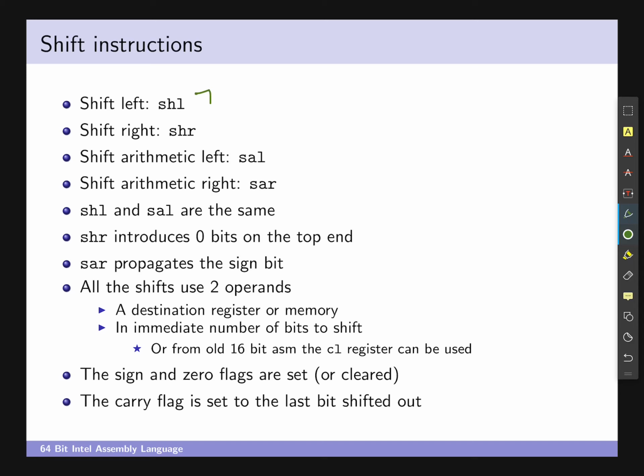We have a shift left and a shift right, and the mnemonics are quite easy to remember, SHL and SHR. We then have shift arithmetic left and shift arithmetic right. Now, something that can cause confusion is that shift left and shift arithmetic left are the same operation, because we don't affect the sign bit by shifting left.